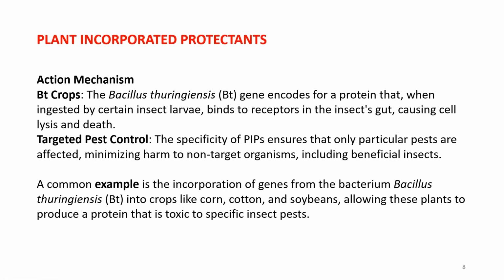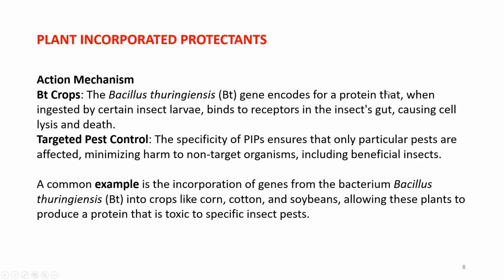So, what is the mechanism of action of these PIPs? For example, in Bt crops, the Bacillus thuringiensis gene encodes a protein which, when ingested by certain insect larvae, binds to receptors in the insect's gut, causing cell lysis and death.